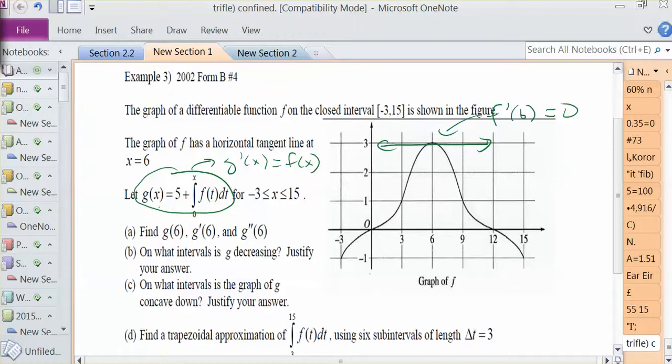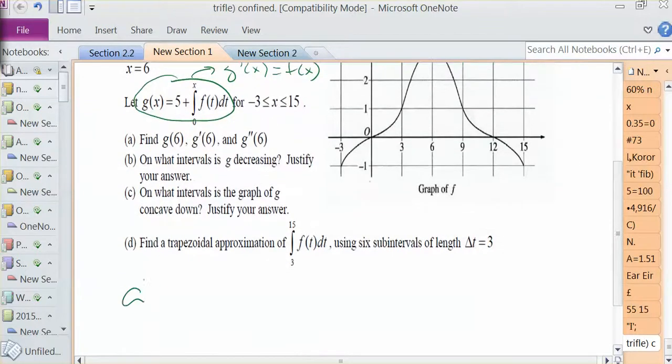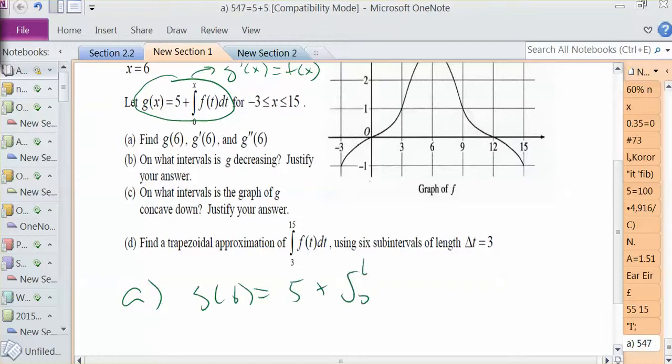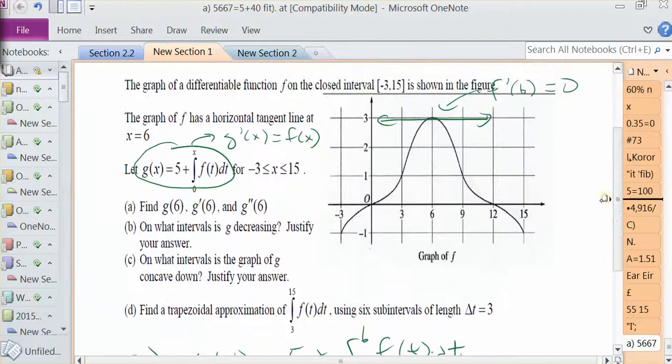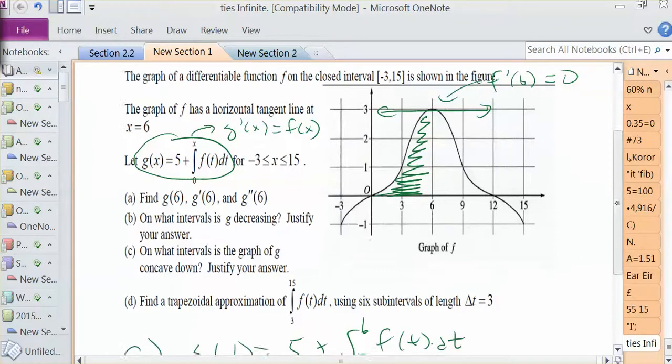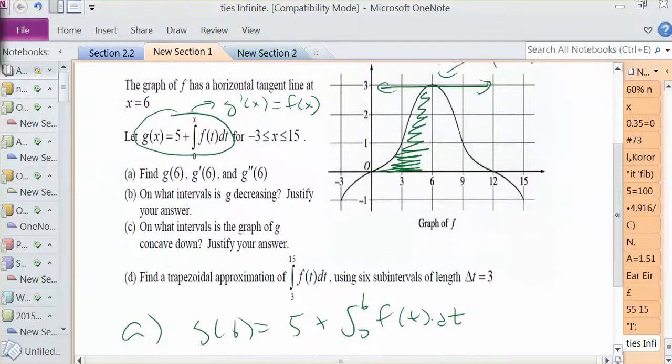Now for g of 6, for part A, which I'll do down here, it's going to be 5 plus the integral from 0 to 6 of f of t times dt. So in this case, we're trying to find the area from 0 to 6. The problem is I have no idea what that's going to be because I don't know the equation for this function.